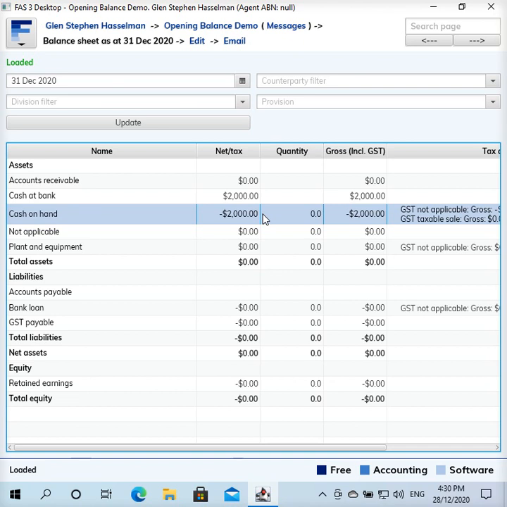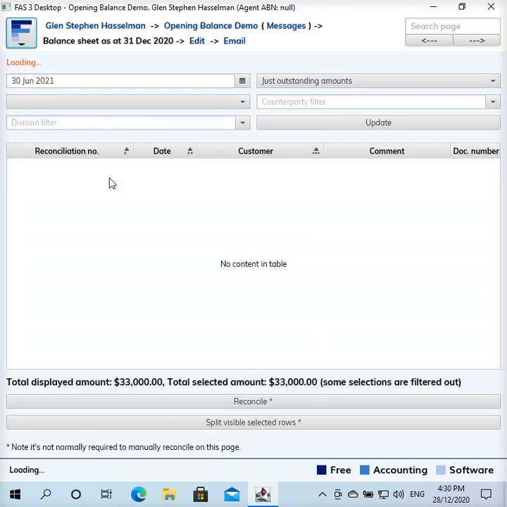And I will show you how to do that in a minute, but I think it's useful or easier to enter your accounts receivable before we go and do that. So let's go and do that now. So with accounts receivable, we want to enter every single sales invoice that is outstanding.